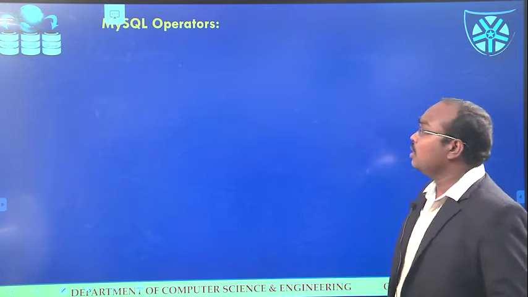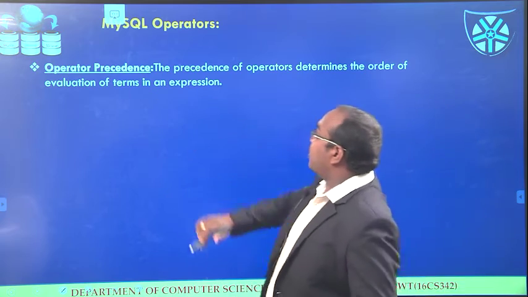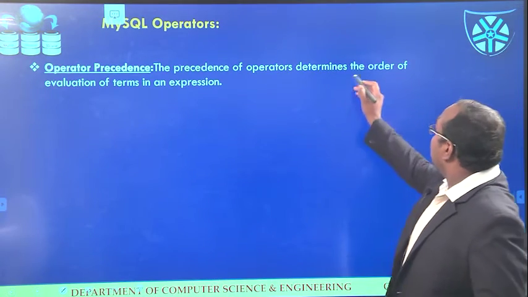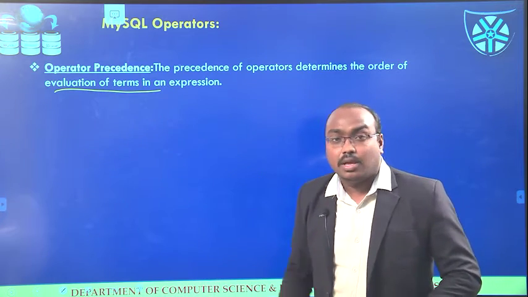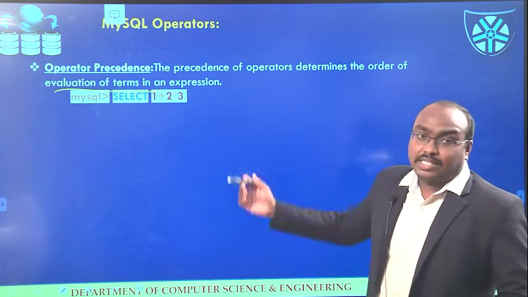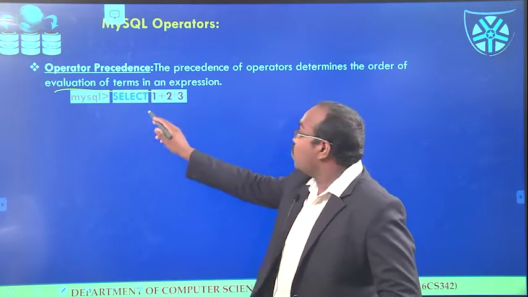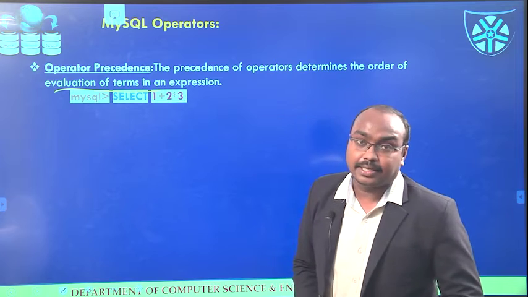So first of all, MySQL operators. In that, the first one is operator precedence. The precedence of operators determines the order of evaluation in an expression. For example, the first query: select 1 + 2 * 3. What is the result?